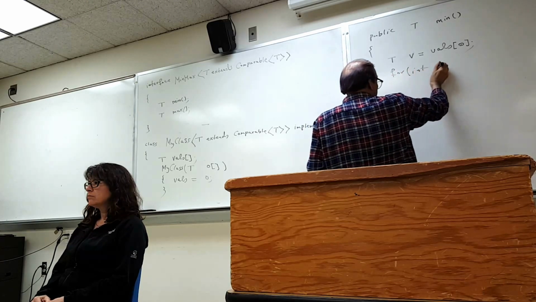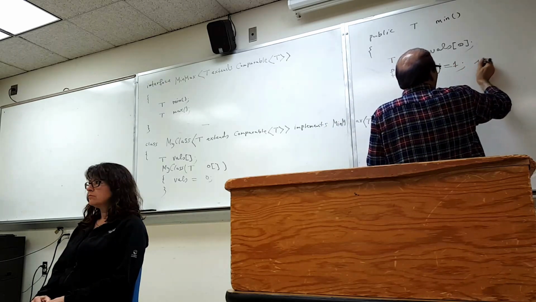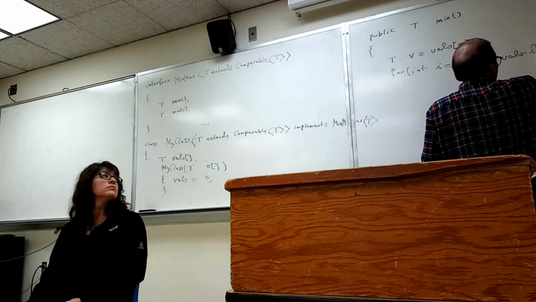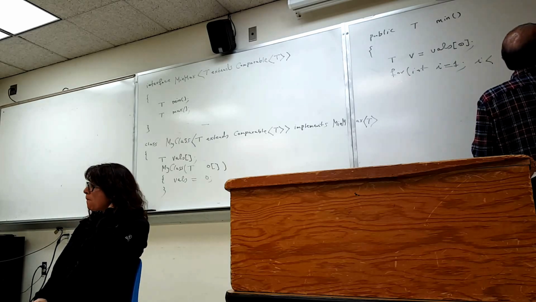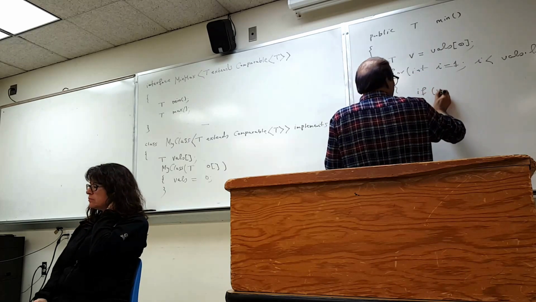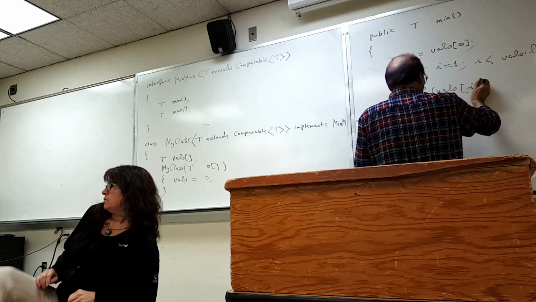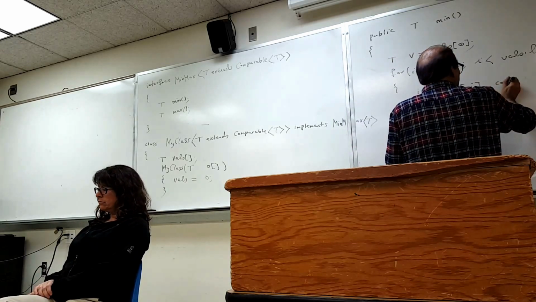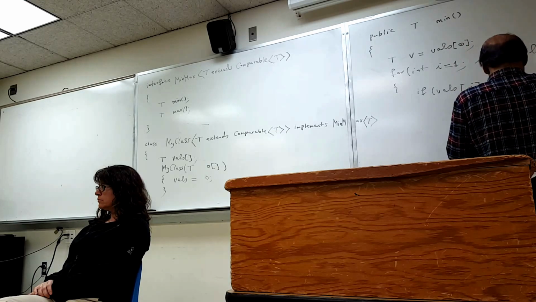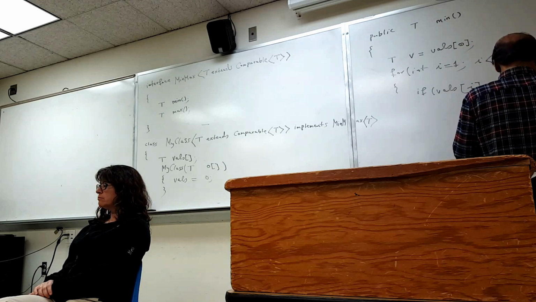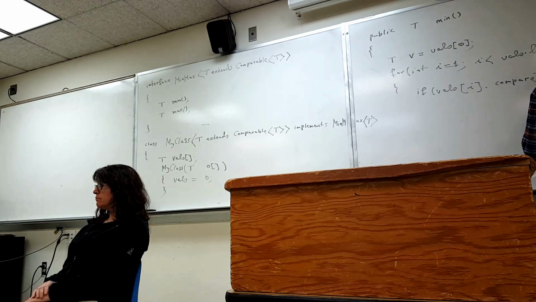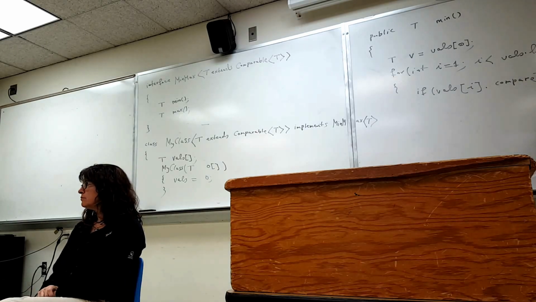For int i equals 1, i less than vals.length, i++, if vals of i dot compareTo v is less than 0, then v equals vals of i.